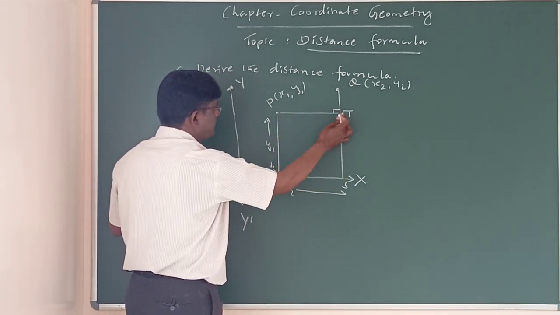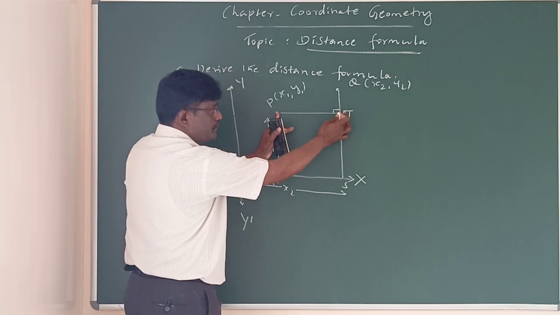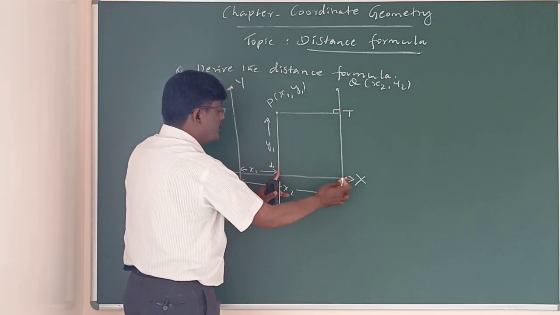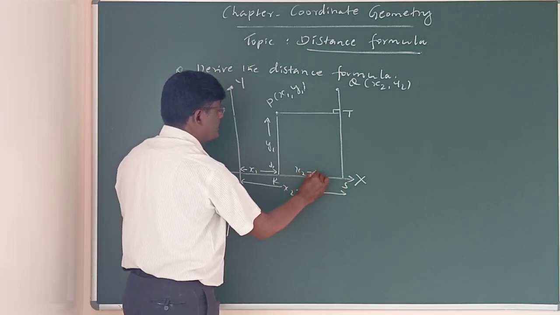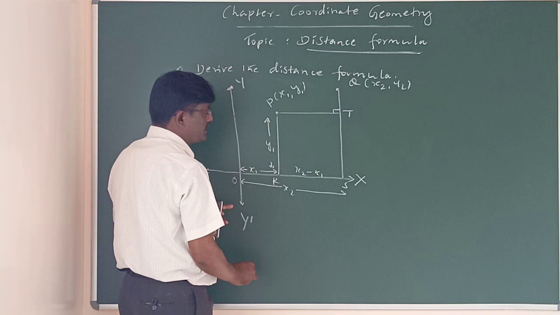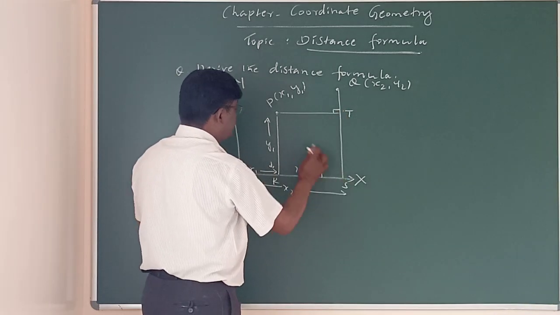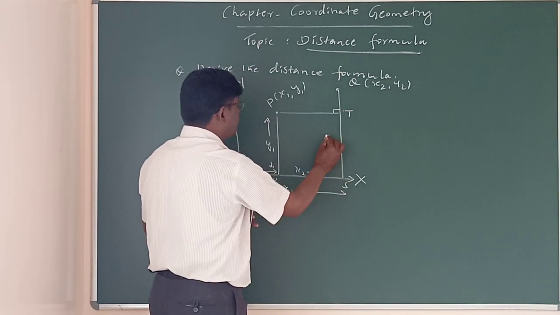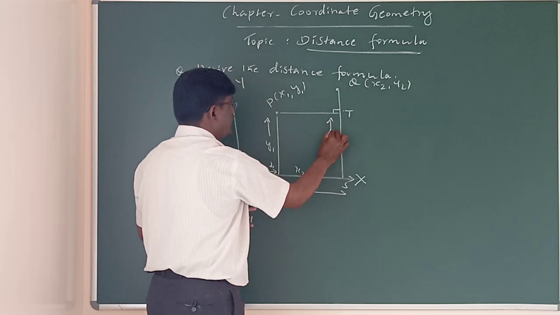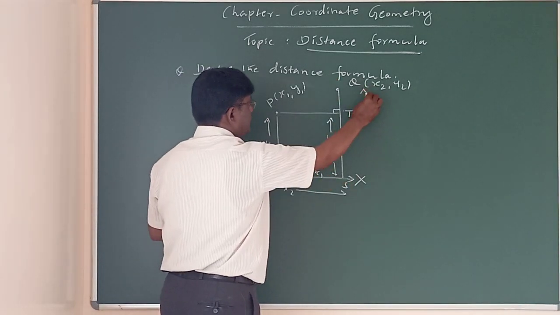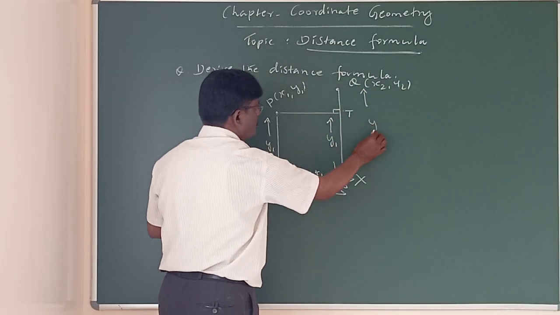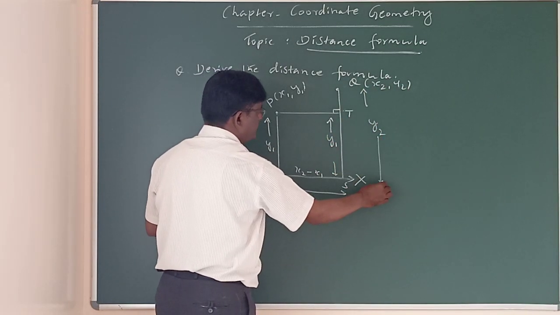And what about the length of PT? The length of PT equals RS. What about the length of RS? RS is nothing but x2 minus x1. Then TS, the opposite side of the rectangle, is y1. And QS is the coordinate y2.